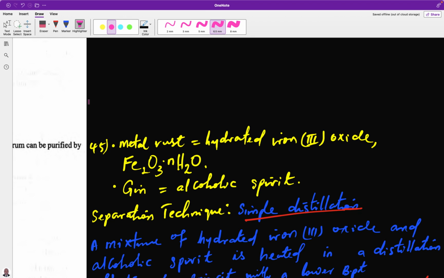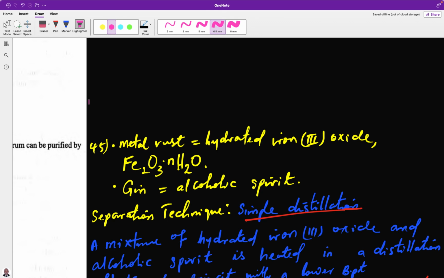So the formula we give here is hydrated iron 3 oxide, Fe2O3 water. So this hydrated iron 3 oxide is mixed with the alcoholic spirit.